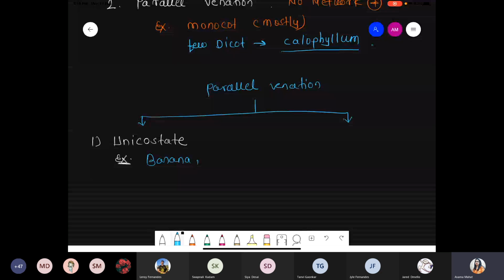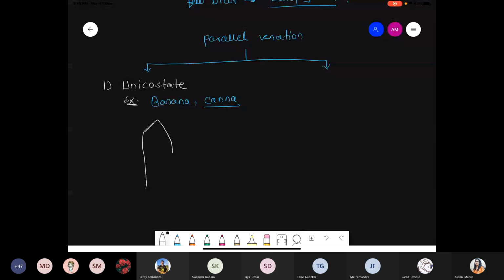If you see in case of the banana, the arrangement of the veins, they are parallel. Suppose this is a banana leaf, single vein is present, single, and whatever the arrangement, all those arrangements are parallel with each other like this.